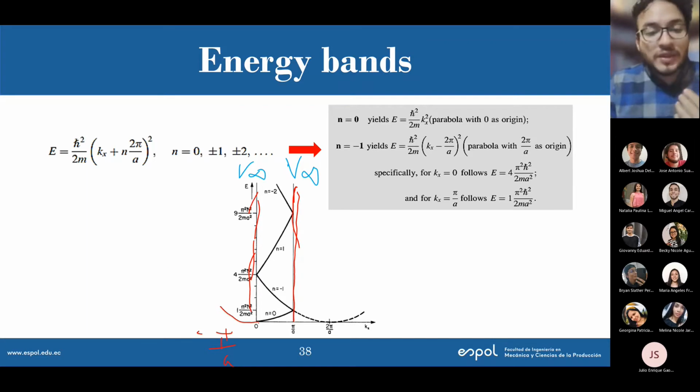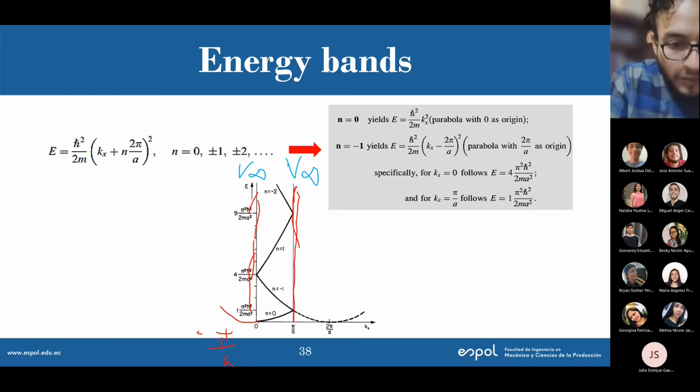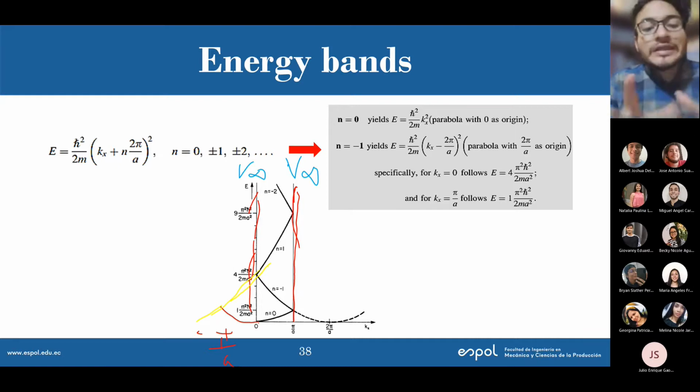There's symmetry there. That's all this is doing. And then you can come with the n equal to 1, let me use another color, and the n equal to 1 is going to come here, right? But the zone I'm plotting there, that's why it's called a reduced zone scheme, because that's the representative one.